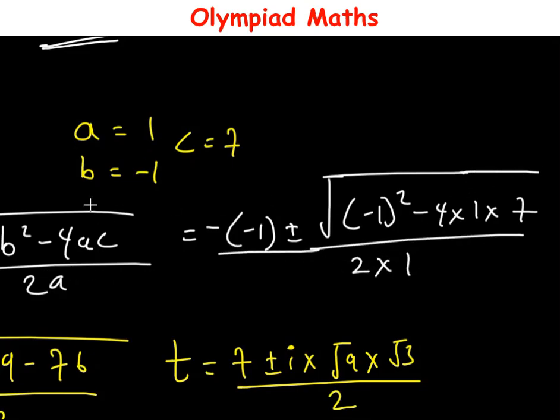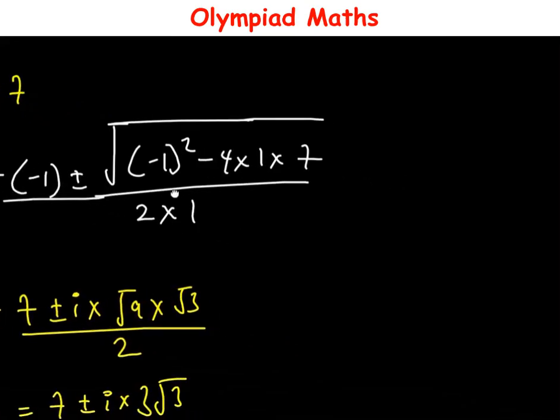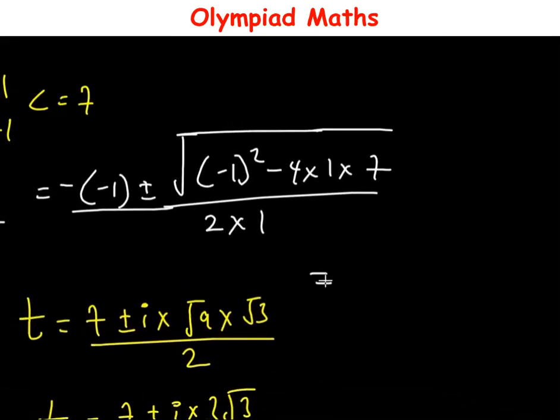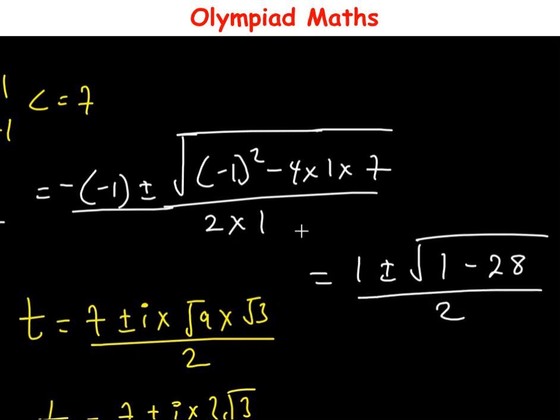So from here, this is then equal to minus times minus 1 is plus 1, plus or minus square root of minus 1 squared is equal to 1, then minus 4 times 1 times 7 is minus 28, all over 2. 2 times 1 is 2.